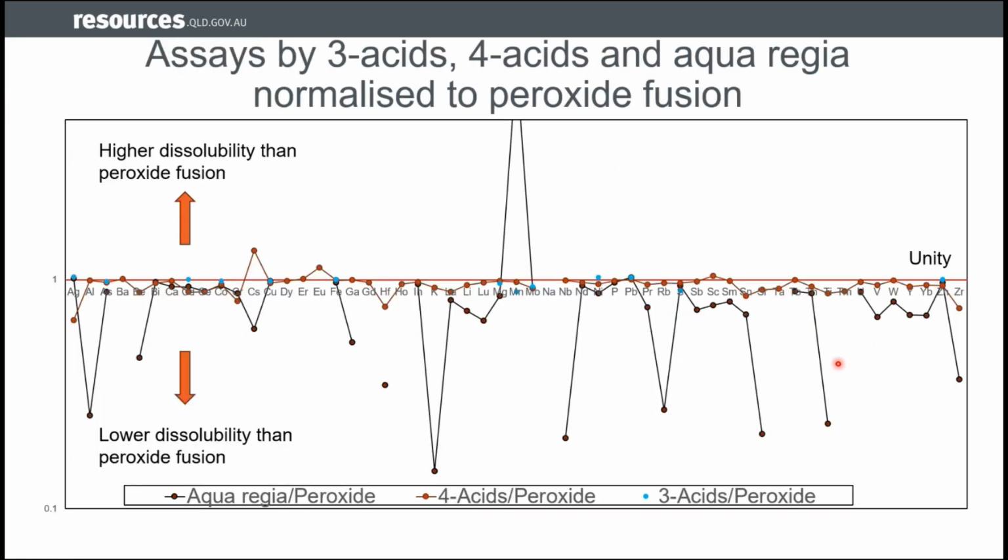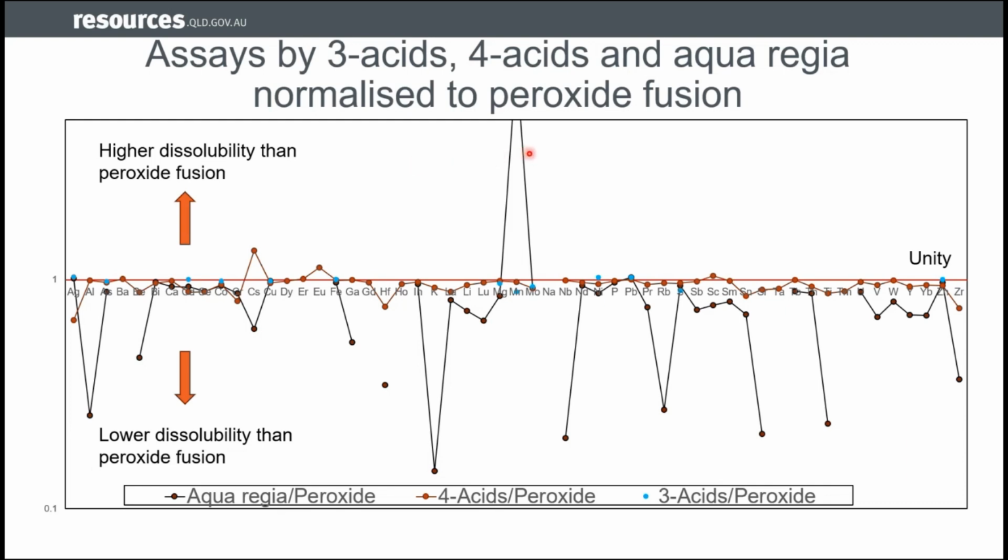What they produce is this array of elements that we have. Again, this is very similar to the last graph, where the one is parity, where the amount of distribution in the 4 acids and the peroxide is the same. Above the one means that there's higher dissolution in the sample using the method that we test.